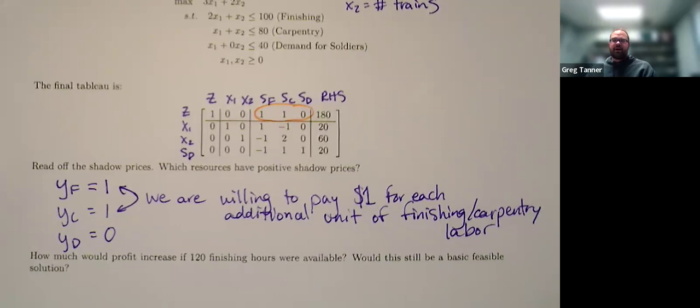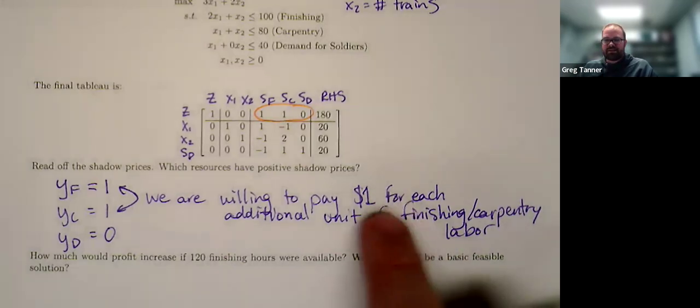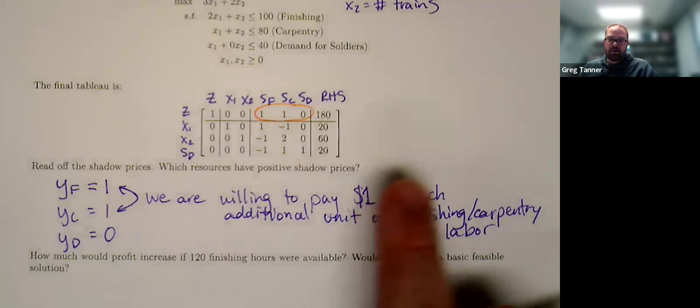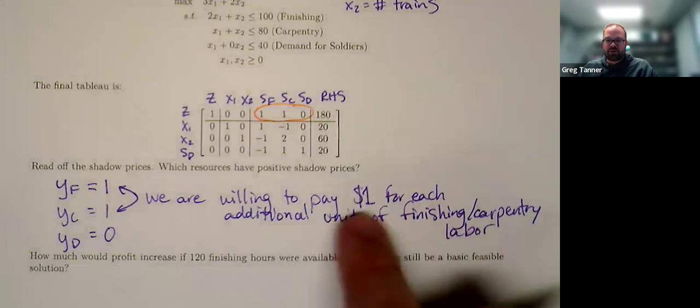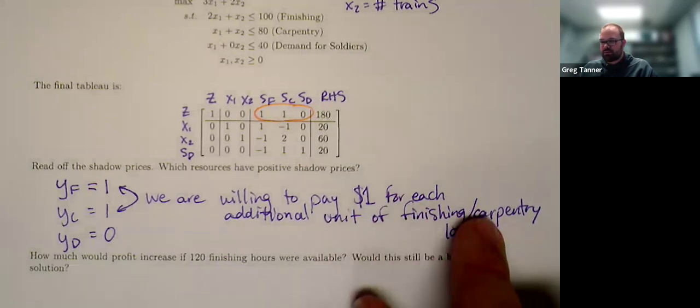If you think back to when we put the full Geppetto's problem up, we baked labor costs already into the profit. So we're willing to pay a dollar more than what we're already paying for each additional unit of finishing or carpentry labor.